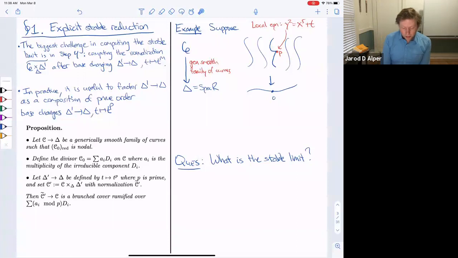And the claim is that when you take a base change by t goes to t to the p, where p is prime, and you take the normalization C tilde prime, then this is a branched cover, and it's ramified over the reductions of the multiplicities mod p. And so this is what we'll use.